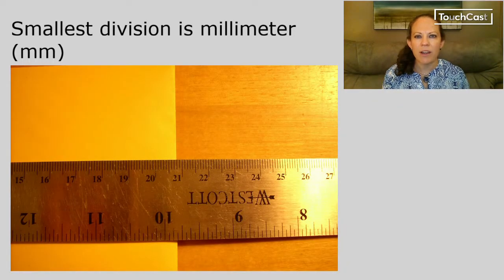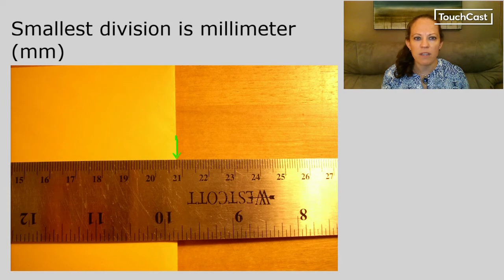So here's that greeting card envelope from earlier with a ruler laid on top of it. Notice that the smallest division on our tool is a millimeter, so the most certain digits we can record are in the millimeters place. If you notice right here at the edge of the envelope, it falls right on one of those millimeter markings.